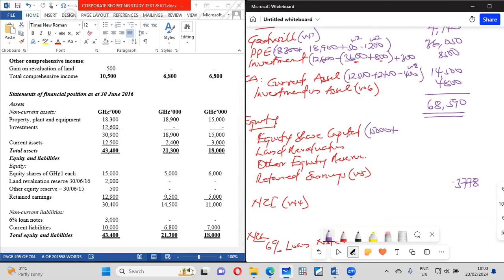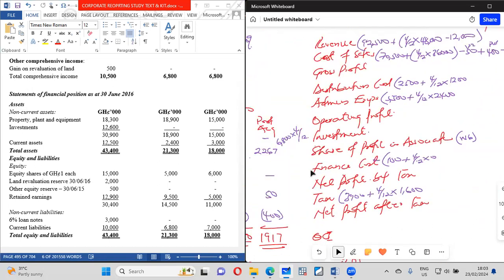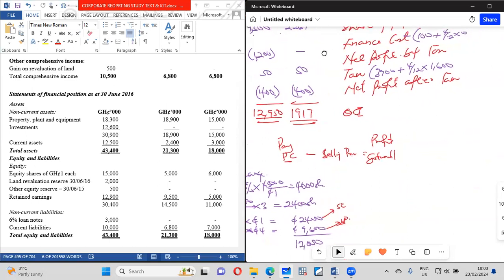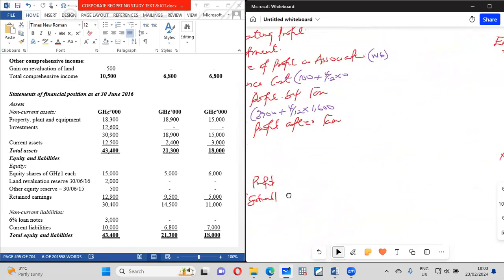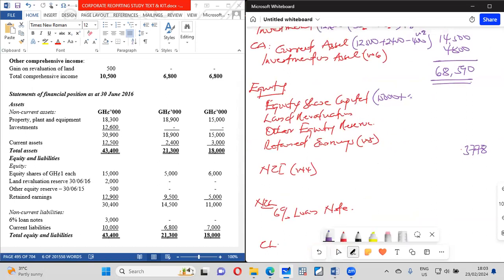Okay, so that 15,000 and the share for share exchange, how much of was our share for share exchange? So we have 2,400 and 9,600, so this is 2,400. So that gives me 17,400. So basically that is that.